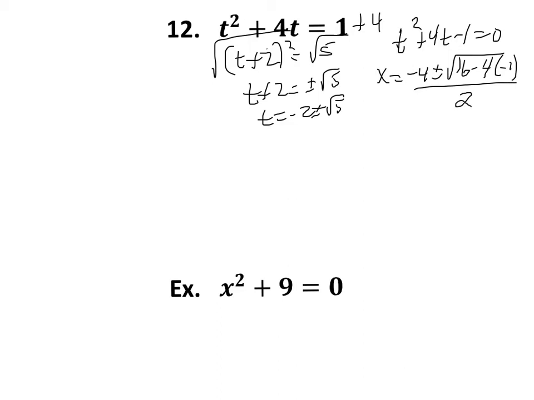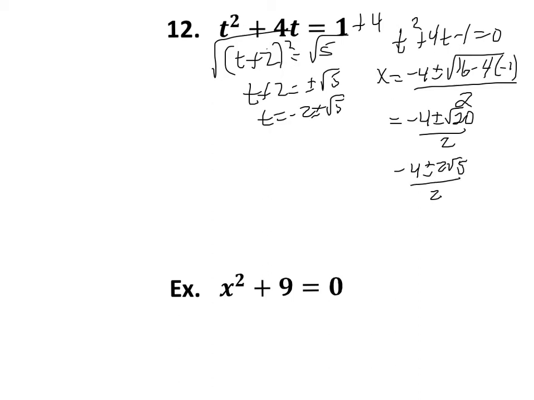All right, so under our square root, negative 4 times negative 1 is positive 4. 16 and 4 is 20, so I get negative 4 plus or minus root 20 all over 2. What does root 20 break down into? 4 and 5. Square root of 4 is 2, so it's 2 root 5. So I get negative 4 plus or minus 2 root 5 all over 2.